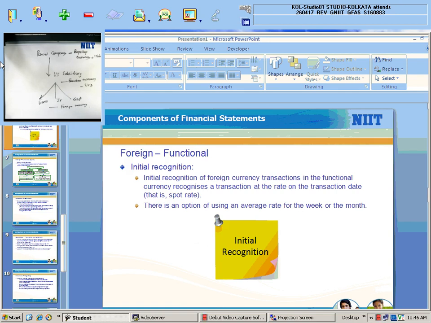There is also an option of using the average rate for the week or the month. So instead of using the spot rate of the day of the transaction itself, the average rate for the week in which the transaction was conducted or the average rate for the month in which the transaction was conducted can also be used. It is optional. Either the spot rate between Indian rupee and US dollar on the day of transaction or the average rate for the week or for the month in which the transaction was conducted can be used for initial recognition purpose.